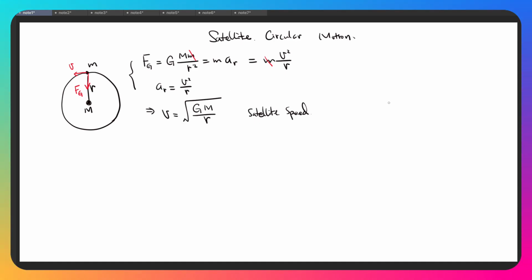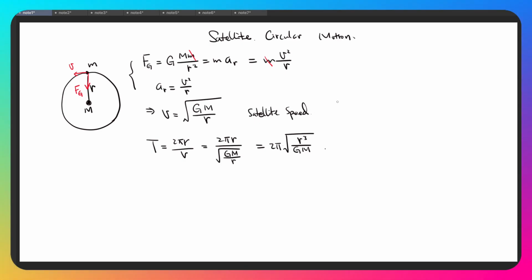And its period, of course, is capital T equals 2 pi r over v, right? So that will give us 2 pi r over the square root of GM over r. And it turns out to be 2 pi times the square root of r cubed over GM. Okay, so that's the period as a function of the distance to the Earth center, radius r.